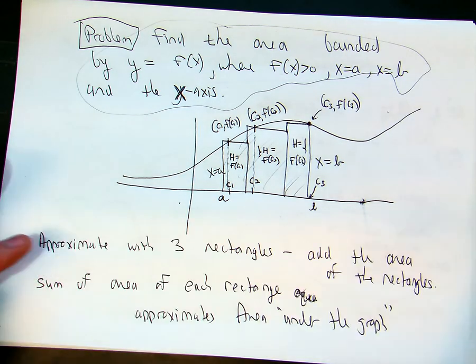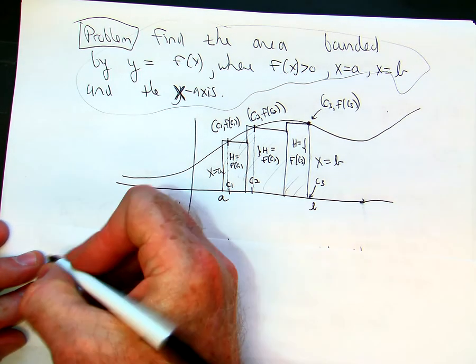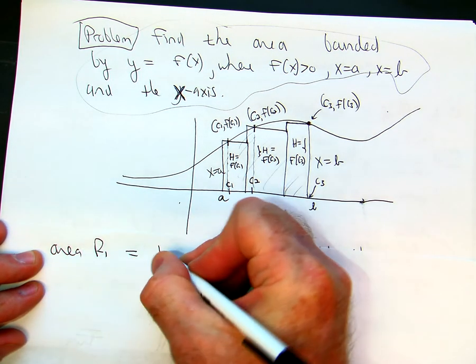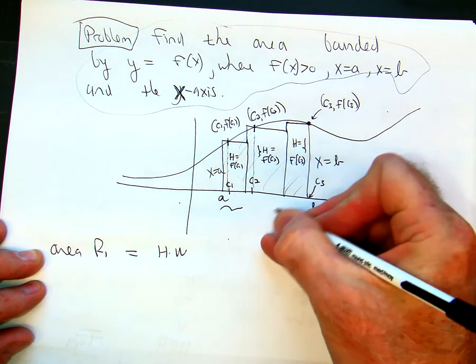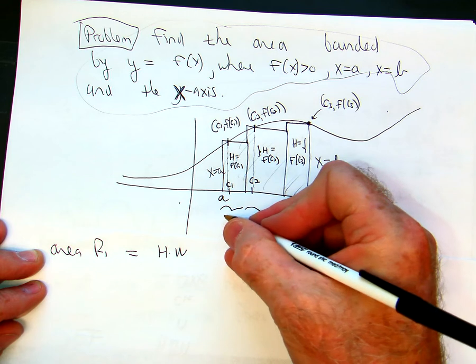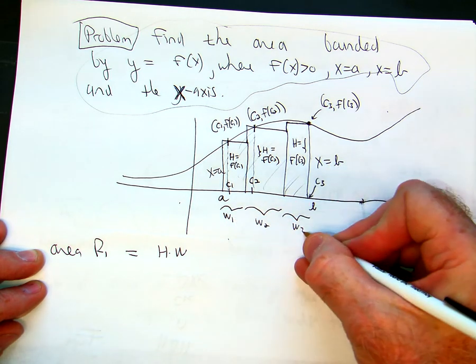So now I'm going to figure out the area of each rectangle. The area of rectangle 1 is going to be the height times the width. This is my first width right there. This is the width of the second, and that's the width of the third. So I'm going to say width 1, width 2, width 3.